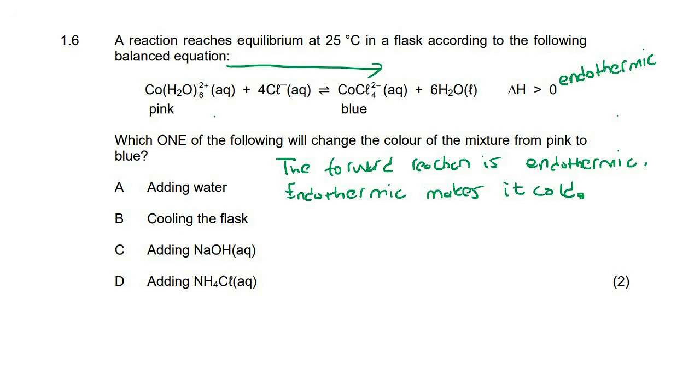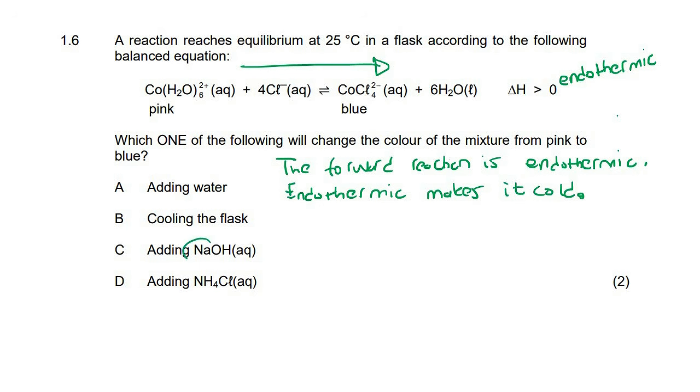Well, it's not going to go forward because we just said that the forward reaction is endothermic and endothermic makes things cold. So it will actually go in the reverse direction, because then it goes exothermic, which makes things hot. So this answer is not going to work. B cannot work because we're trying to find which of these is going to cause the forward reaction to be favored.